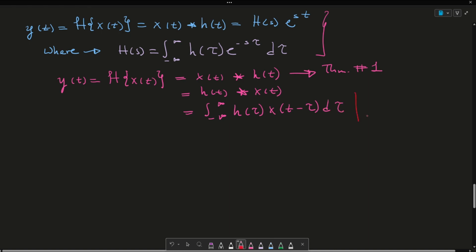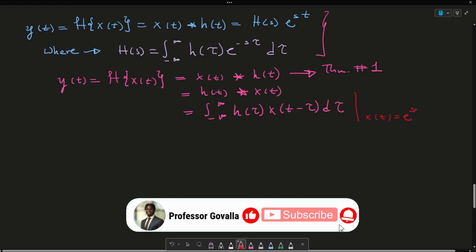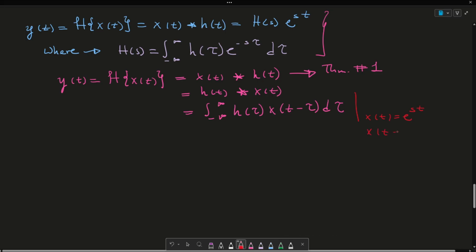If we go ahead and plug in, we know that x of t is said to be e to the s t. So that means that x of t minus tau is equal to e to the s times t minus tau. So this is equated to the integral from negative infinity to infinity of h of tau e to the s times t minus tau d tau.